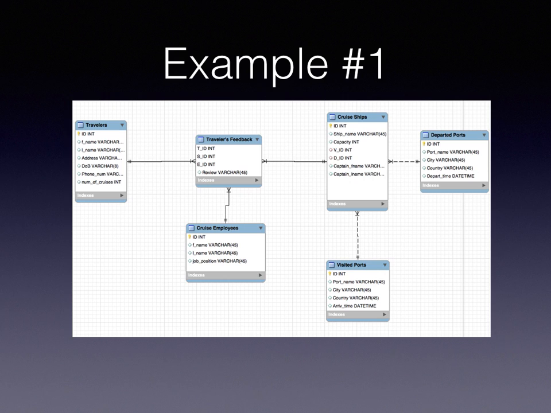The T is connected to the traveler's ID. The S is connected to the cruise ship. And the E is connected to the cruise employees, which I forgot to mention was also connected to the traveler's feedback three-way relationship.